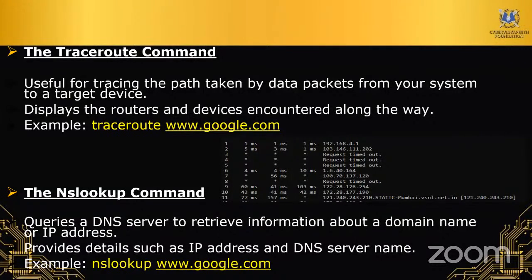When we run the nslookup command, it sends a query to the DNS server, and the DNS server processes the query and responds with the information and IP addresses. Then nslookup displays the result on our terminal, and we get the information about the domain name which we have given.